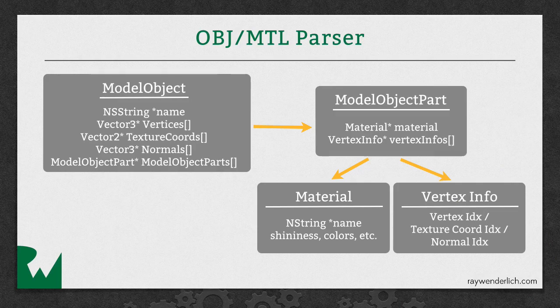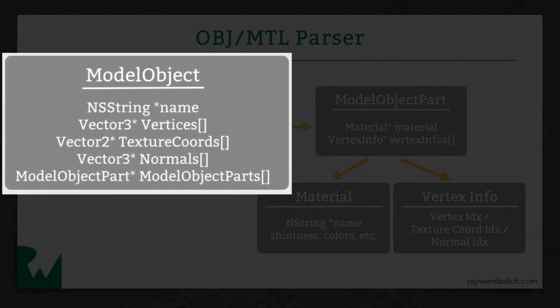There are really two steps for how this program works. The first thing it does is literally read in that file and convert it into an Objective-C representation of that file. There are a couple of different objects that are related here. The highest level object is the model object, and that just lists out the name of the object and the array of all of the vertices, texture coordinates, and normals that it literally reads in from the file.